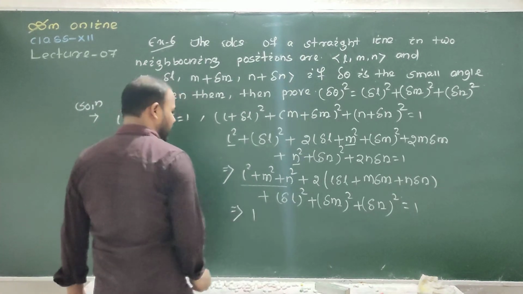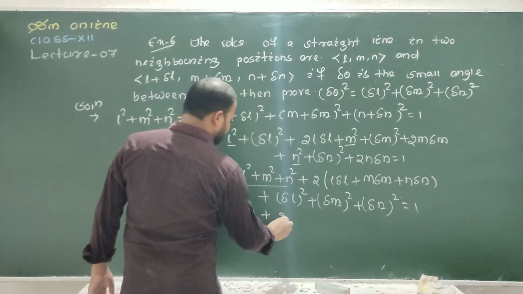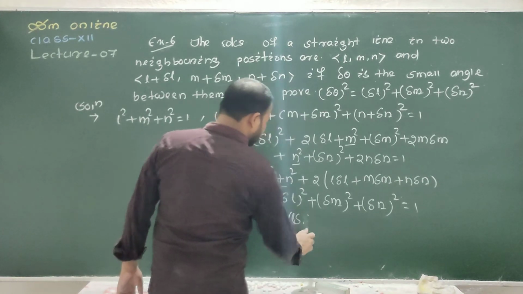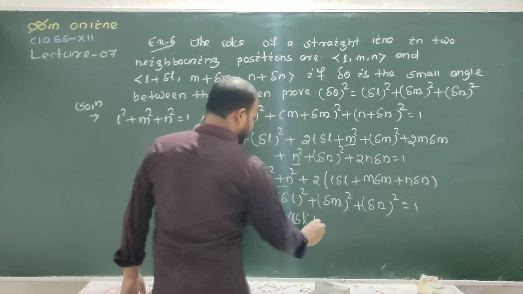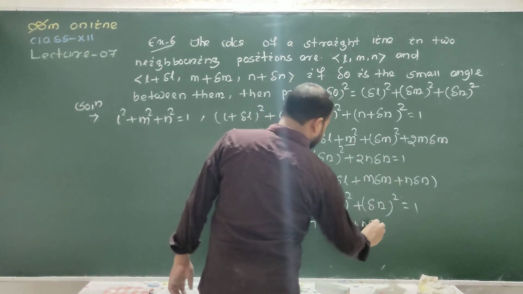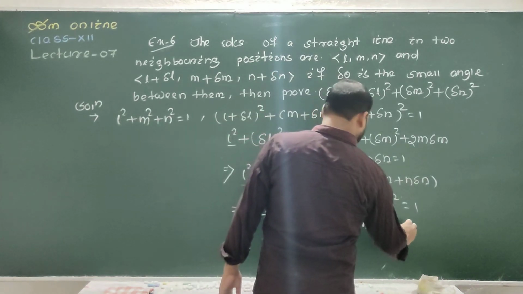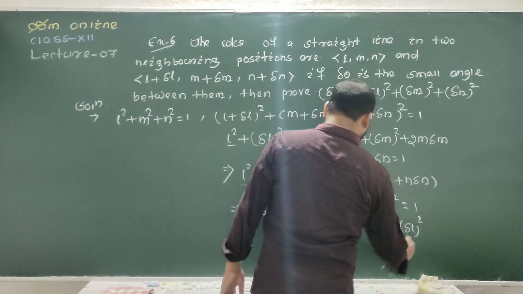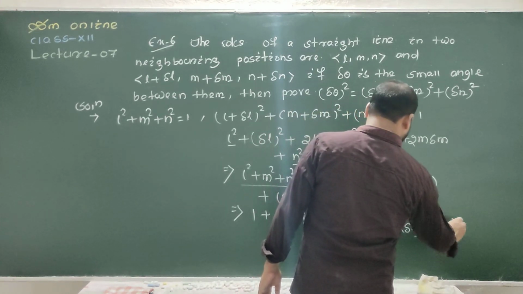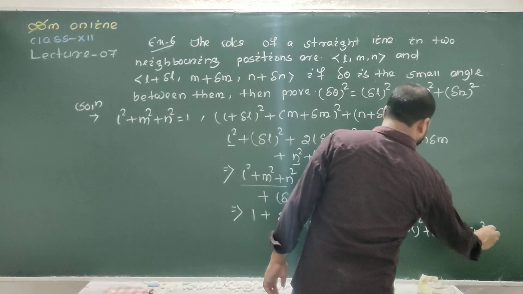So right here this is 1 and plus 2 into L del L plus M del M plus N del N, okay, plus del L square plus del M square plus del N square equal to 1.